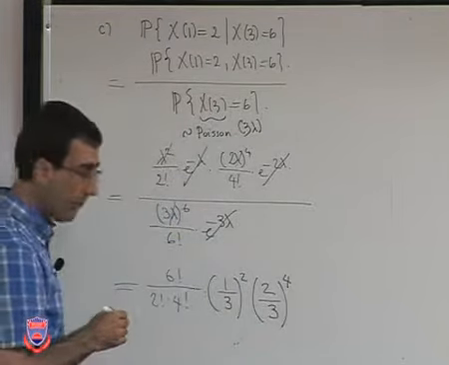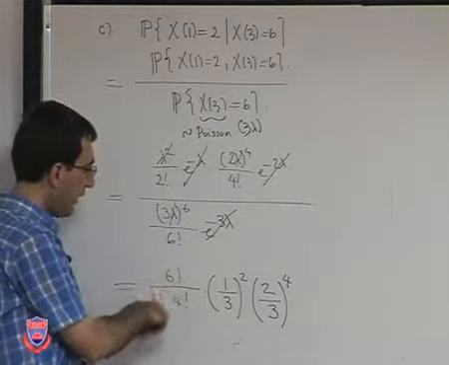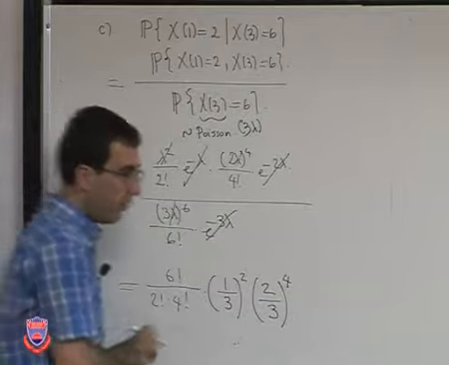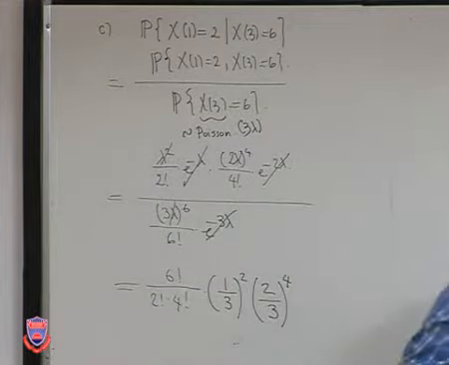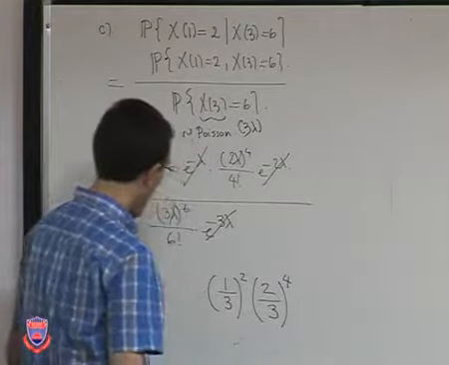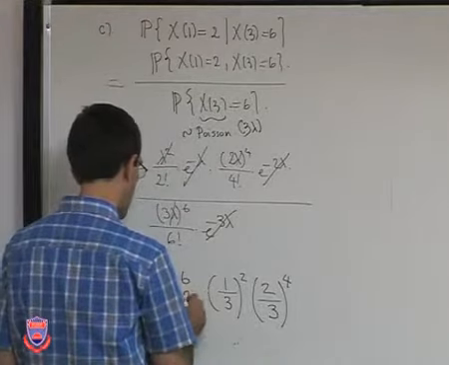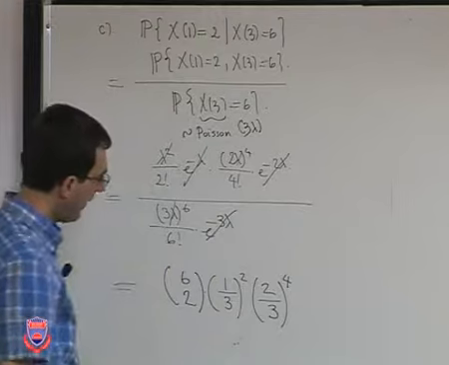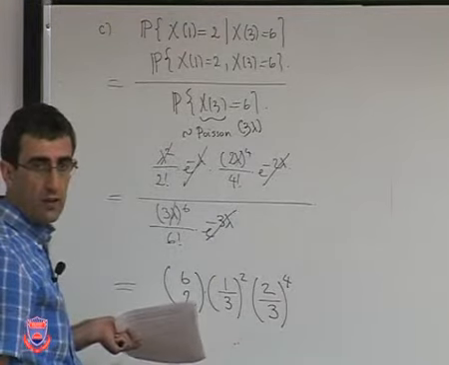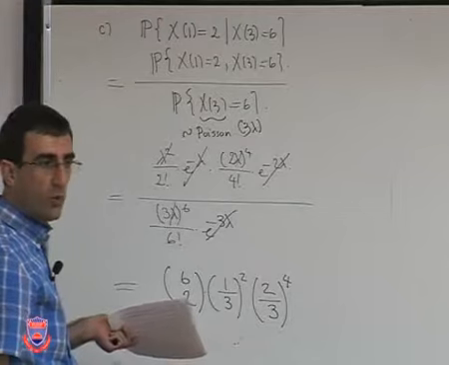Okay? And in fact, you can recognize this as well. What is this? What kind of a combination is it? 6 choose 4 or 2. Let me write it as 6 choose 2. Okay? Do you recognize this formula? Binomial.